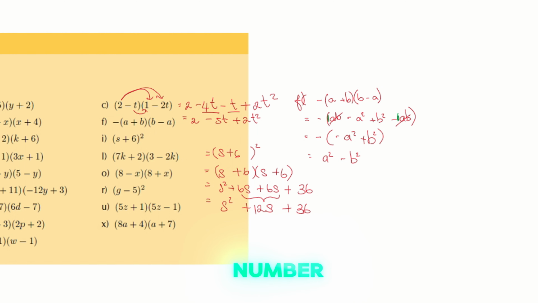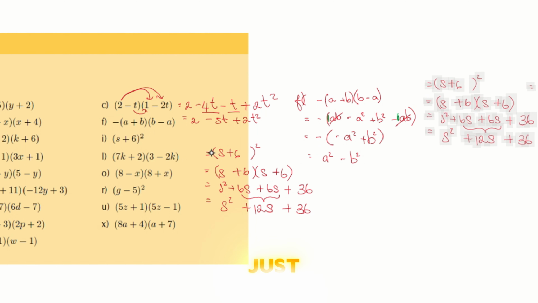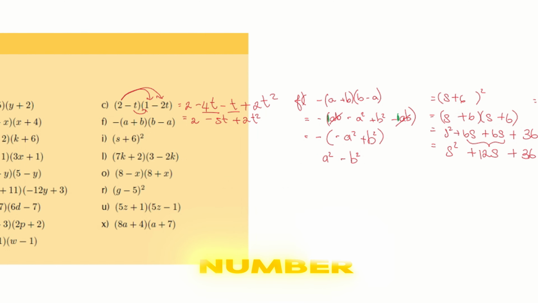Next one is number L. I'm just going to move this up a little bit so that I have more space to work on. I'm just going to move that to the side. I want you to follow as I do number L. Please stay with me. 7k times 3. Let's just finish this one quickly. 7 times 3, 21k. 7k times negative 2k, negative 14k squared. 2 times 3, positive 6.